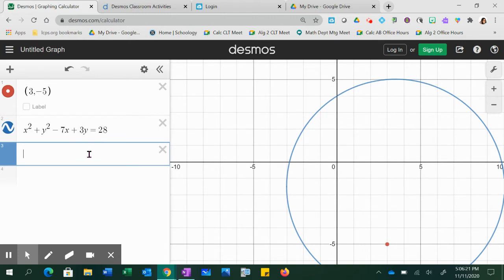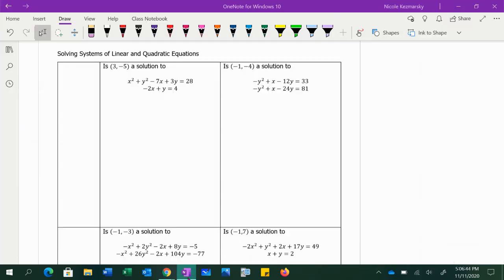Now already I see a problem, because if the solution has to be the intersection point of the two curves or the two lines, then it has to be on both equations. And right now, the point that we have is not on the circle. So I'm betting the answer to this is no, but let's check.